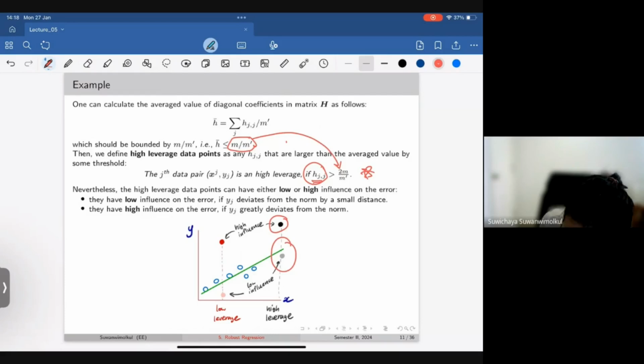This is a graphical interpretation: it may not necessarily be X, it could be the HJJ here, giving a mapping that results in a high Y hat.